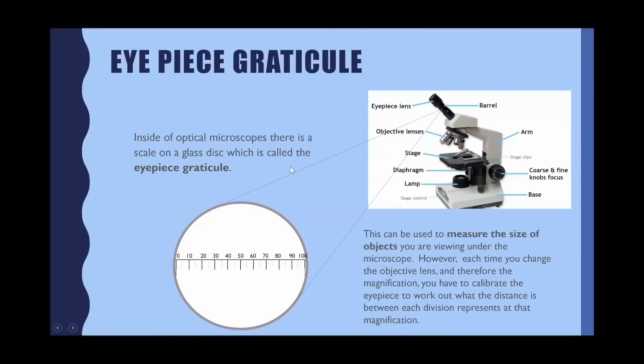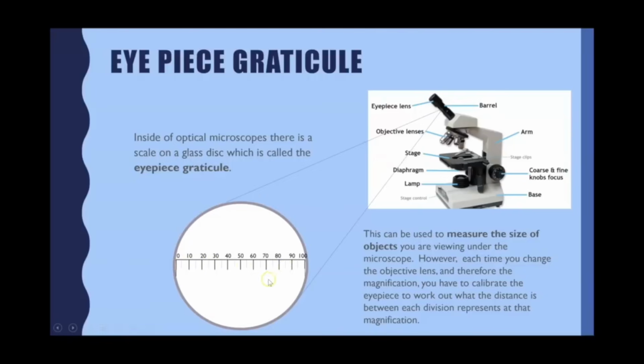So finally, the last skill is the use of an eyepiece graticule and how you calibrate it. I'm just going to show you this image of the microscope first, so you can see where the eyepiece graticule is located. This eyepiece graticule is a glass disc within the eyepiece, and that glass disc has a scale scratched or etched onto it.